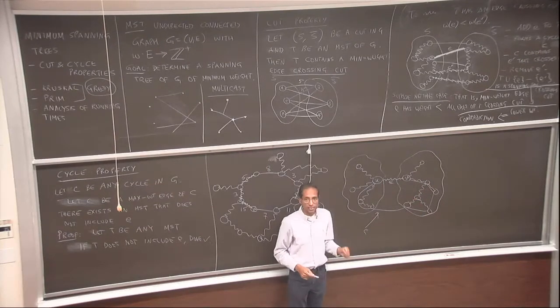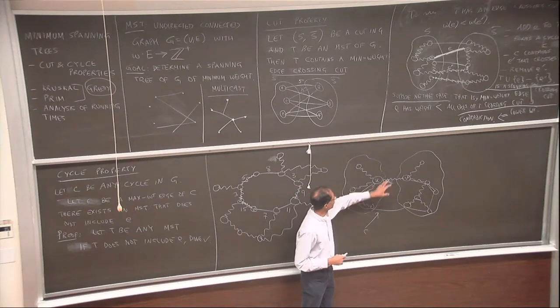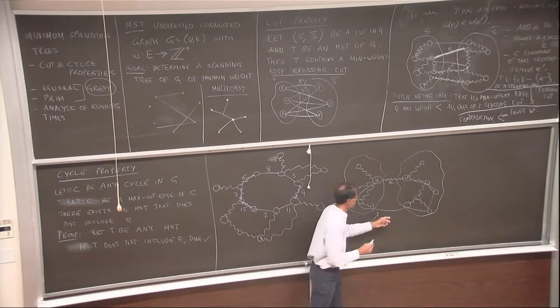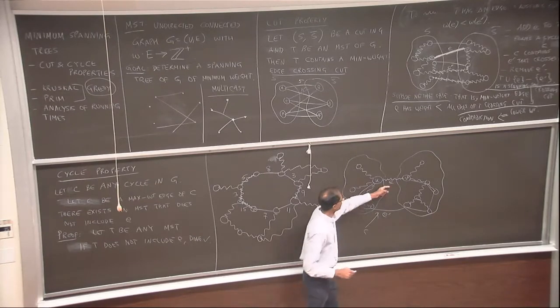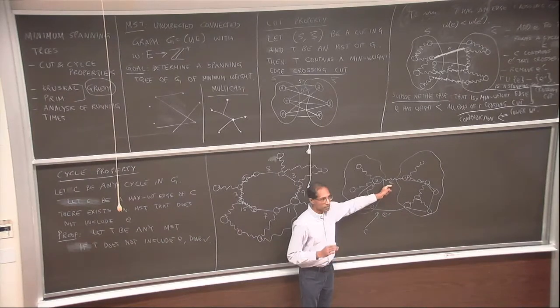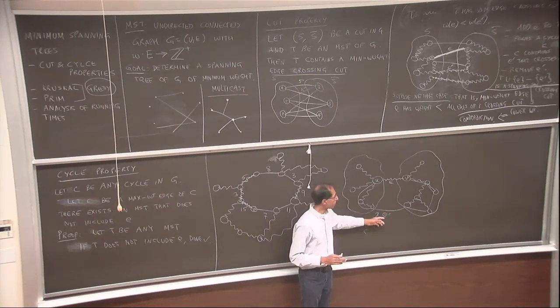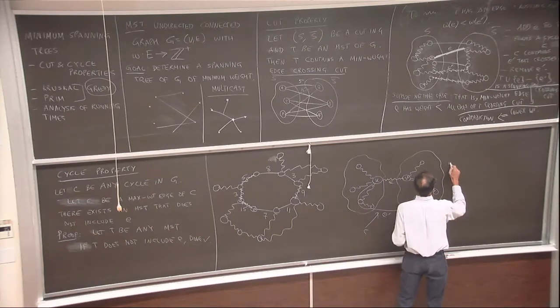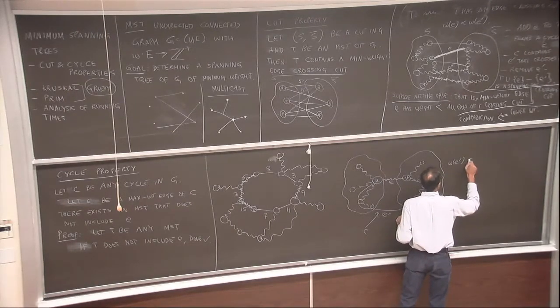But it crosses the cut at least once more. Okay? So we are removing this edge, and what we will do is replace it with this one. Let's call this edge E prime. What do we know about the weight of E versus weight of E prime? E is the maximum weight edge. So E prime is no bigger than E. Okay, so weight of E prime is at most weight of E.